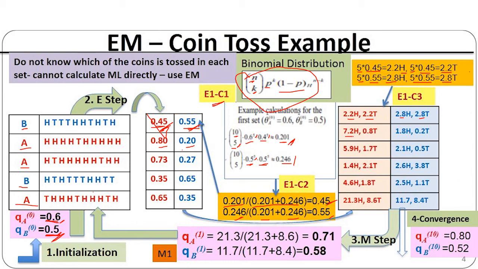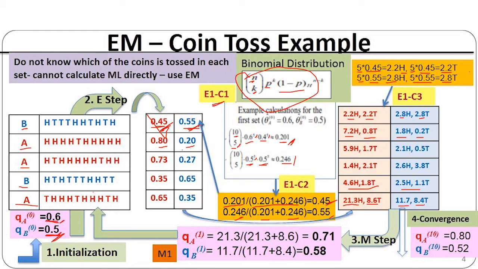If we complete all five steps, we are going to add all these events. If you add all these values for the red coin, I mean coin A, this is the probability of being head, which is 21.3 heads and then 8.6 tails. Very similar for the blue coin, coin B, which is 11.7 heads and 8.4 tails.